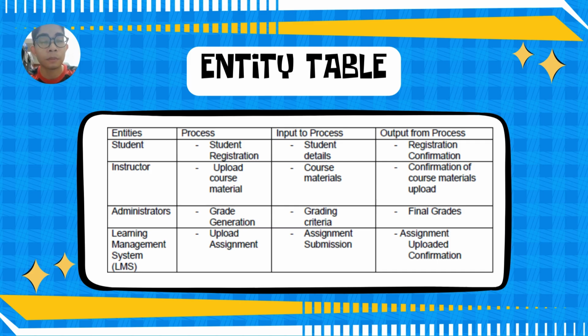For the administrator, the process is grade generation, the input is grading criteria, and the output is final grades. For the LMS, the process is upload assignment, the input is assignment submission, and the output is assignment uploaded confirmation.